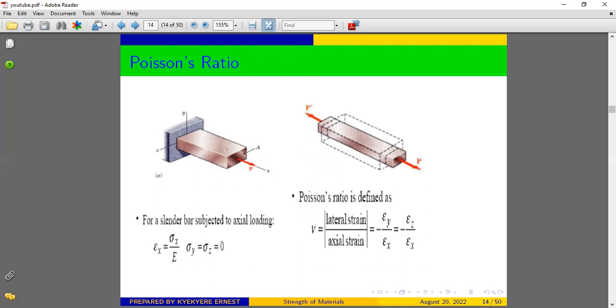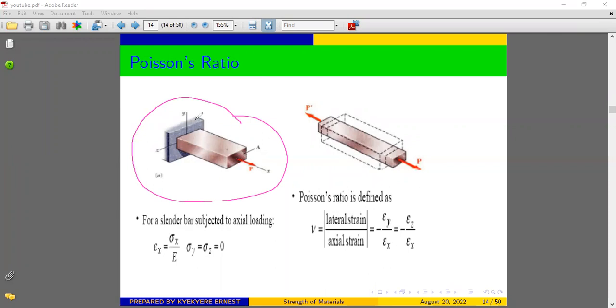For slender members, like what we have on the screen, let's take it that this is a slender member. And on this member, an axial force has been applied along the x-axis of the member.